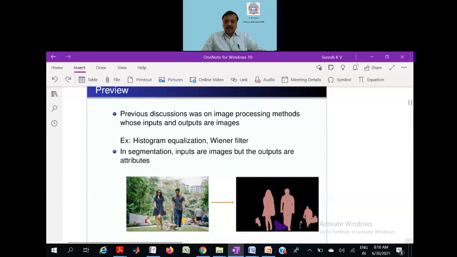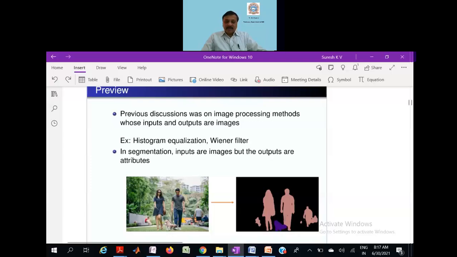I have shown that in one particular color, and even here you can observe somebody sitting, and probably there is some motion, so that is also being detected here. And this is an animal, so to separate human beings and animals, a different color is given here.